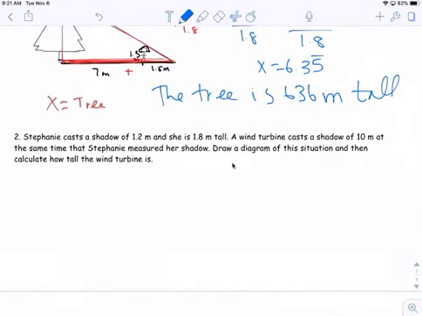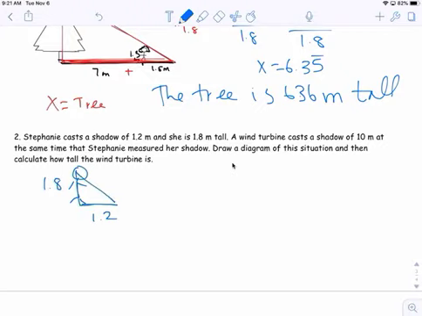Okay, Stephanie's shadow. Stephanie casts a shadow of this. So here's Stephanie. Her shadow is 1.2. She's 1.8 feet tall. That's Stephanie.